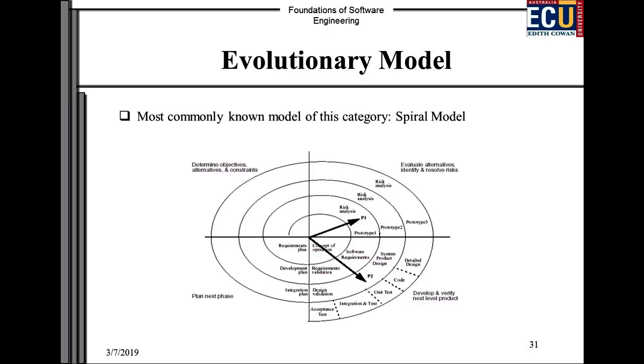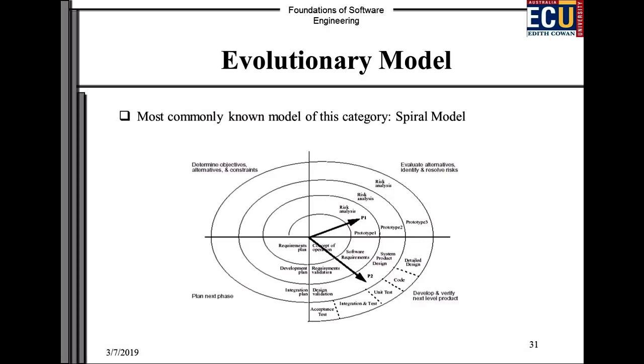where at each iteration there's a risk analysis and a prototype. So you go through the regular phases like requirements and a development plan, there's a design, detailed design, coding, testing.